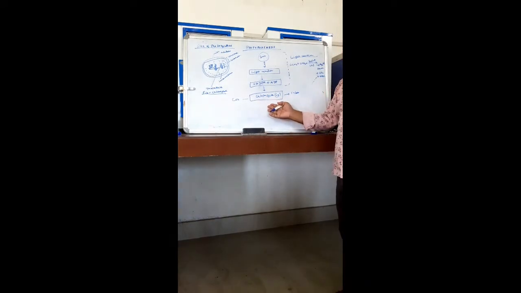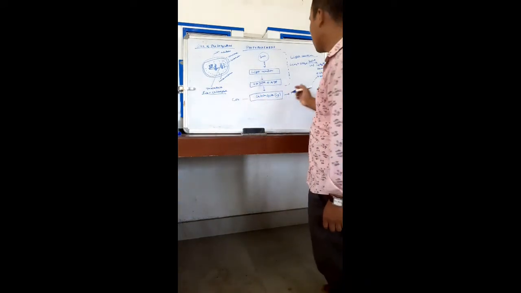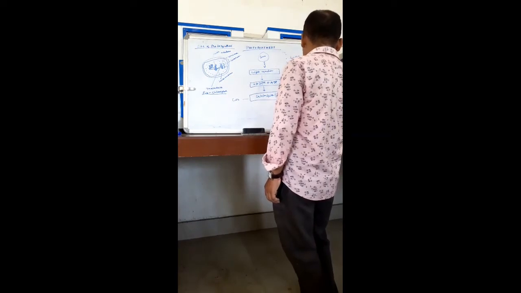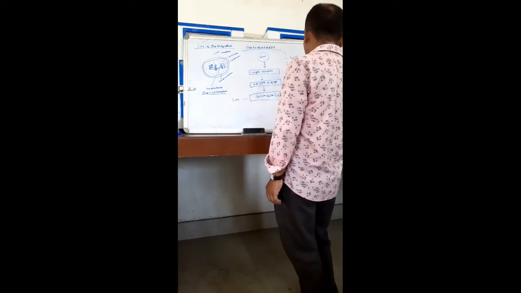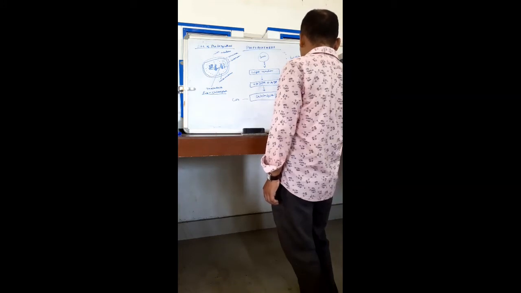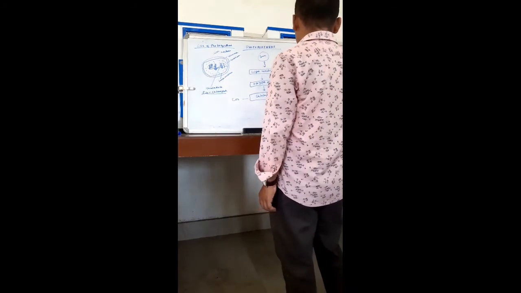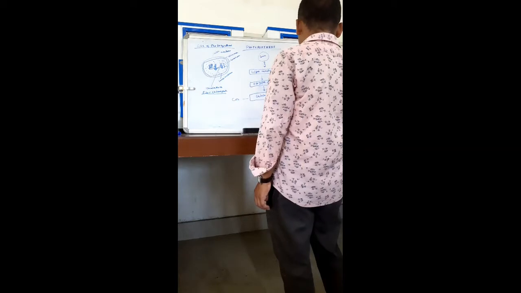With the help of the Calvin cycle, they reduce the carbon dioxide to triose phosphate, then produce glucose, which is a carbohydrate. So this is the overall process. The first is the light reaction and the second is the dark reaction.